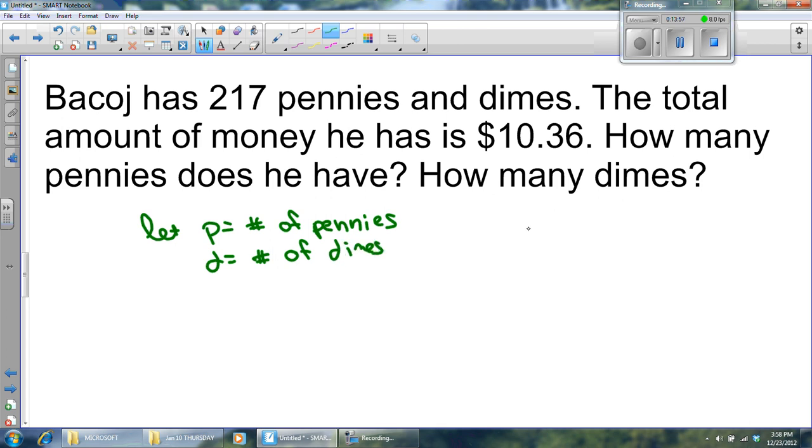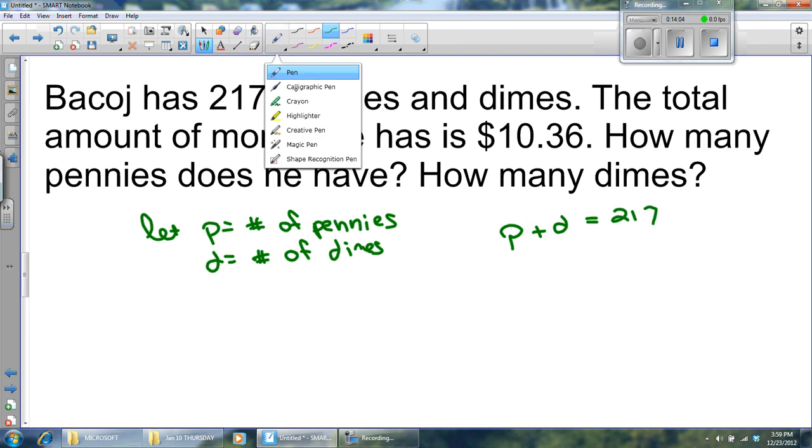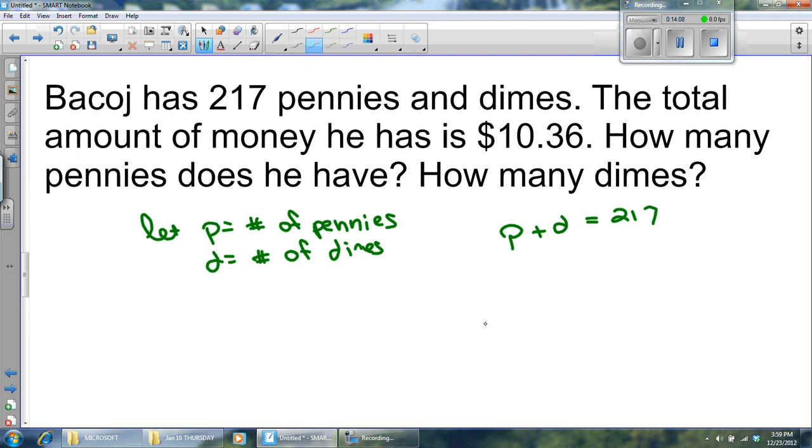Okay, my first equation is going to be P plus D equals 217. Now I need my money equation, and my money equation will look like this. The value of a penny is 0.01P, value of a dime 0.10D, and it's going to equal the total amount of money, which is $10.36.